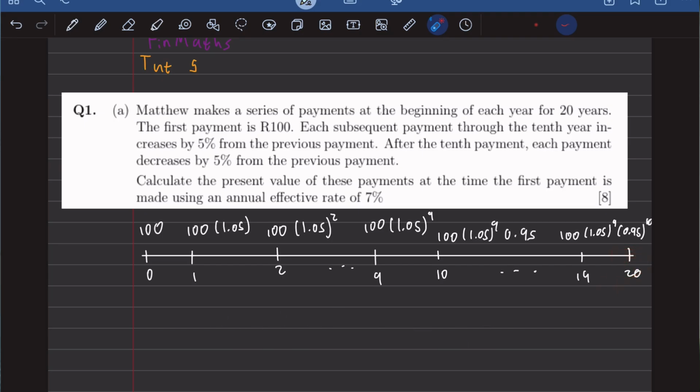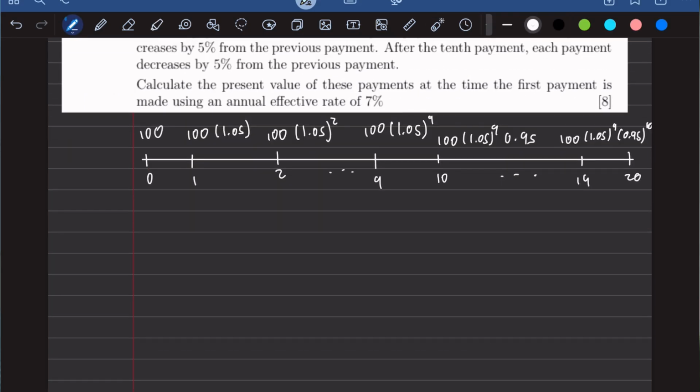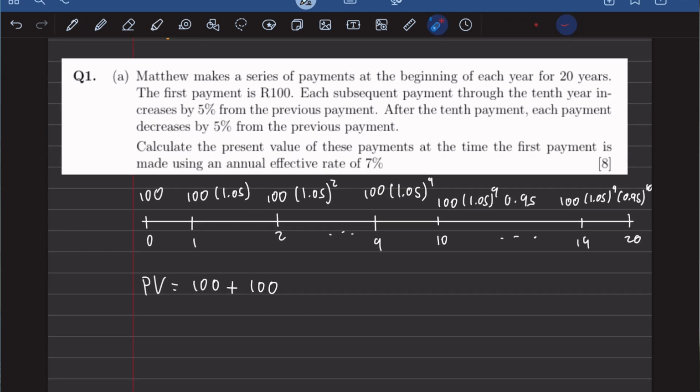So let's write out what our present value formula will be. Present value is going to be 100 plus, basically we're going to add them all up and discount them all to time 0. So it's 100 times 1.05, and we have to multiply this by v, remember, because we're discounting it by a year.